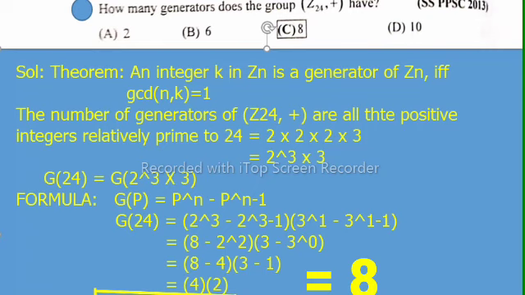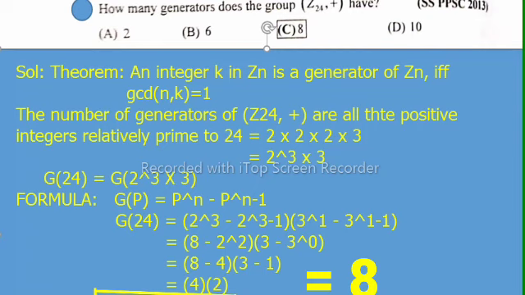So generators of 24 is equal to G of 2 power 3 minus 2 power 3 minus 1, into 3 power 1 minus 3 power 1 minus 1.